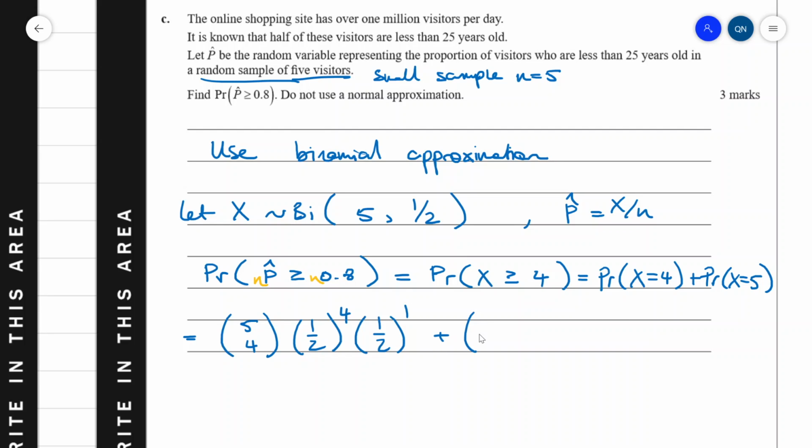Then you do plus 5 choose 5, the probability of success to the number of successes, and the probability of failure to the number of failures. So what's 5 choose 4? It's exactly 5. In general, if you have n choose n minus 1, it's just going to be n. And what's 5 choose 5? It's just going to be 1.